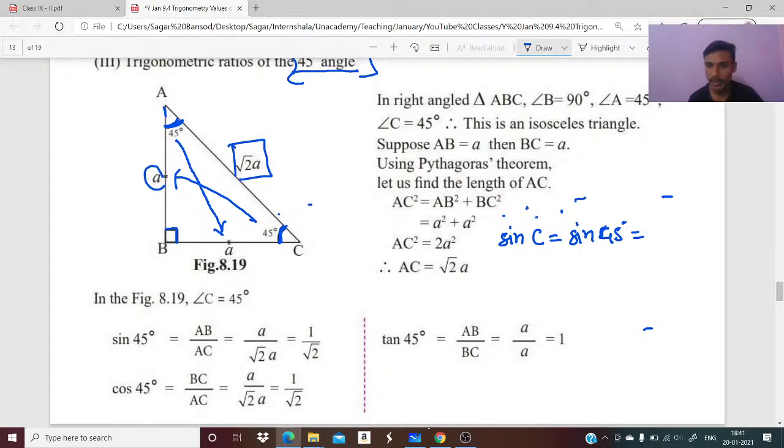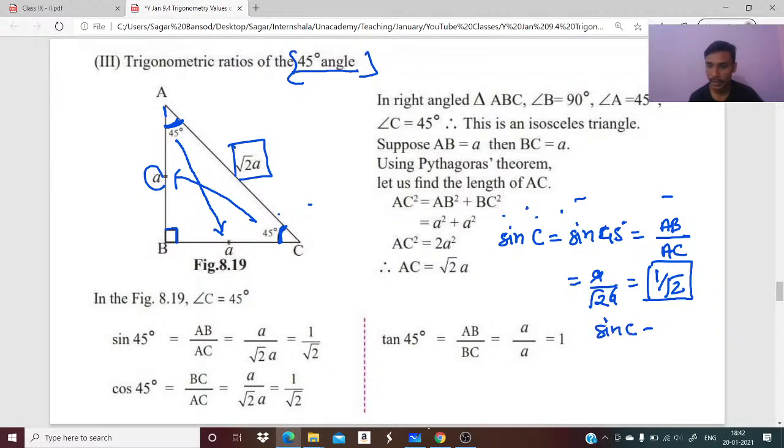The length of AB is A, and the length of AC is root 2 A. Therefore this A will get cancelled out and you will be left with 1 by root 2. So sine 45 degrees is equal to 1 by root 2.